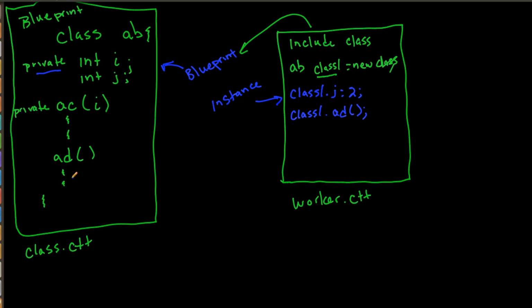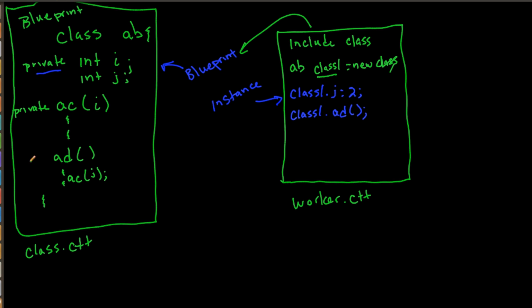Let's say that over here in the AD function, we have code that actually calls AC and passes it in whatever the value of J is. The point I'm trying to make is these classes allow me to set up the different functions and variables that we're going to work with, and designate what we want to hide and what we don't.